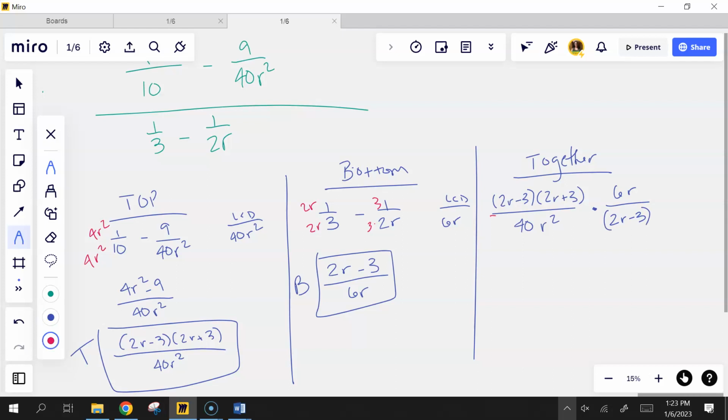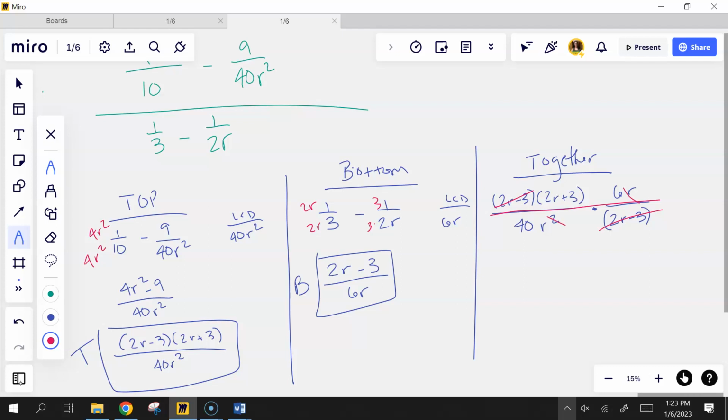And because we know multiplication problems, just straight across, you can cancel out 2r minus 3. Can you cancel anything else out? Take out an r.